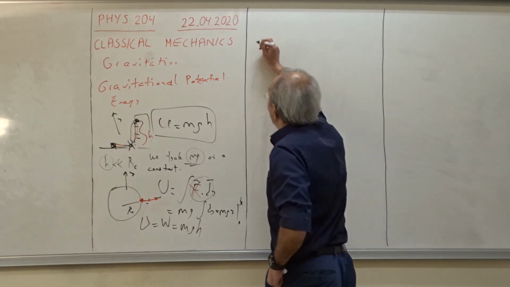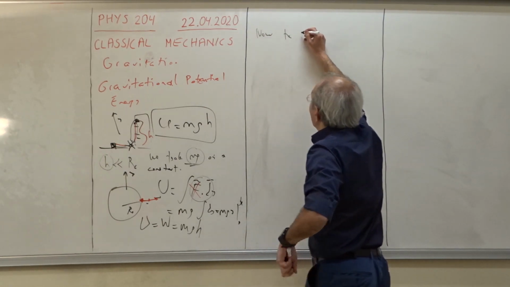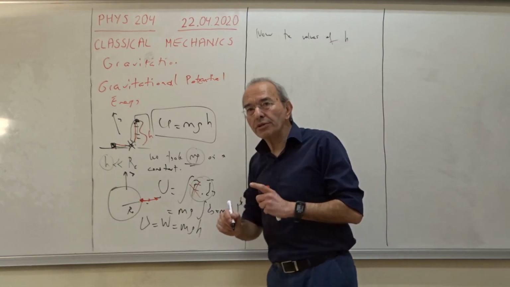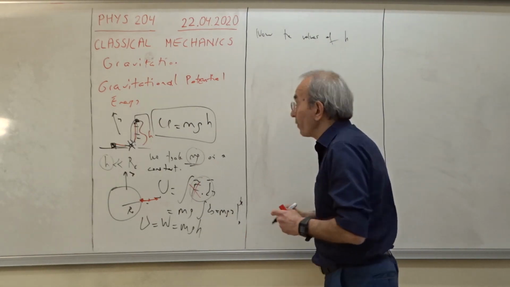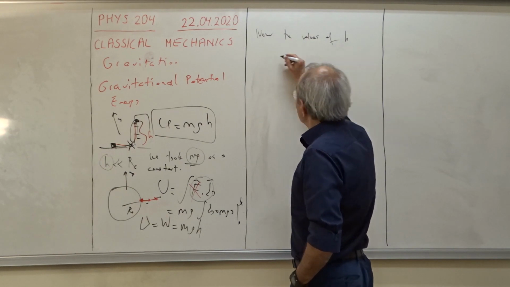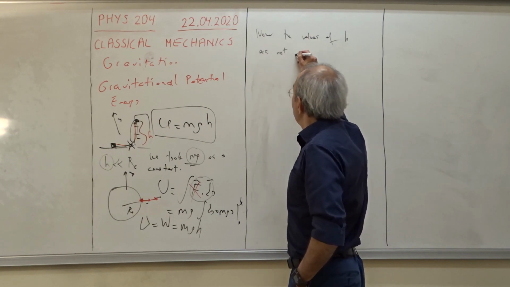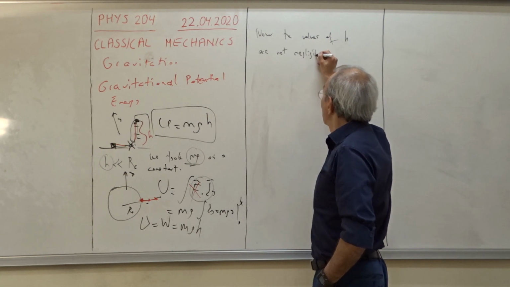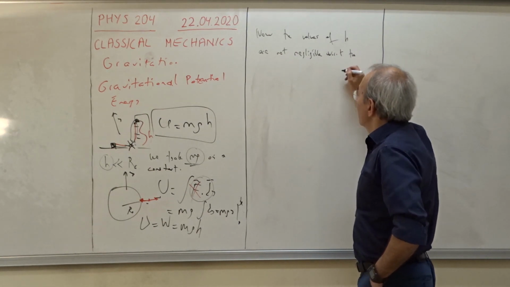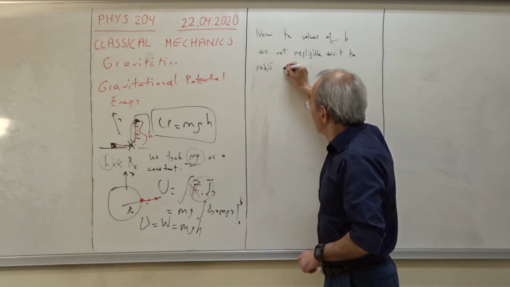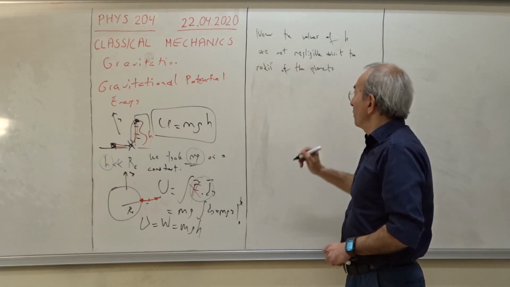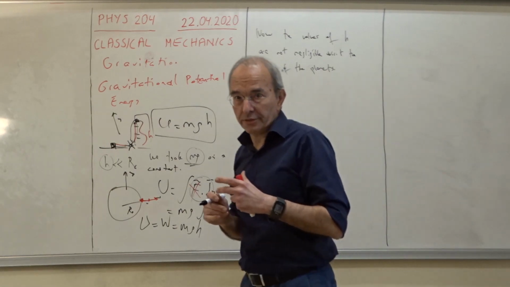So now the values of these heights h are not negligible with respect to the radius of the Earth, or the radii of the planets, for instance, or those celestial bodies.